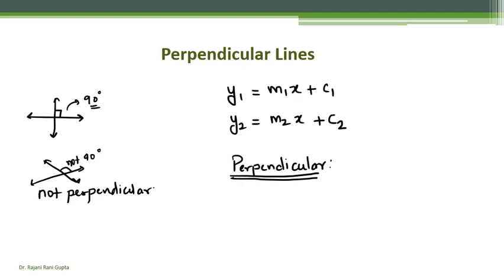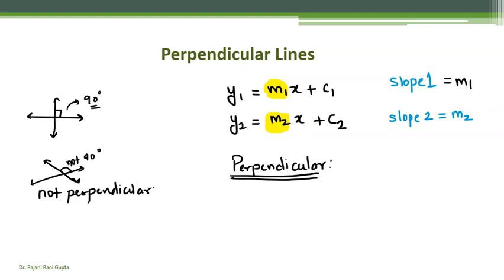So what we have to do is find the slope of the first line and the slope of the second line. The slope of the first line is always the coefficient of x, so this is m1. Similarly, the slope of the second line is m2.